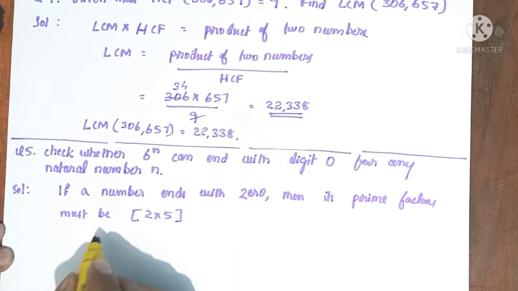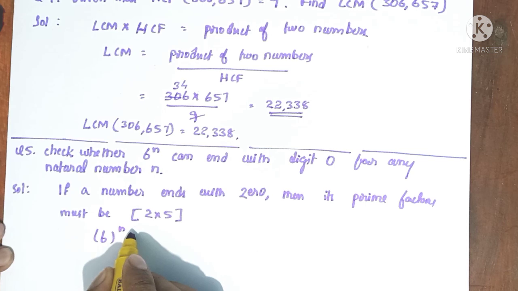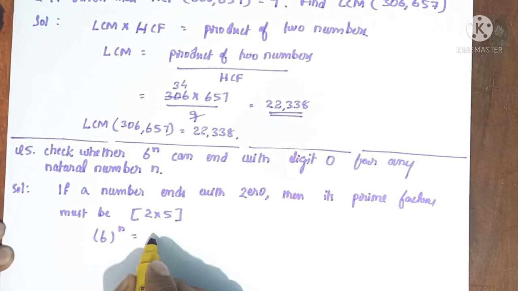Right? So 6 to the power n is equal to, what are the prime factors of 6?